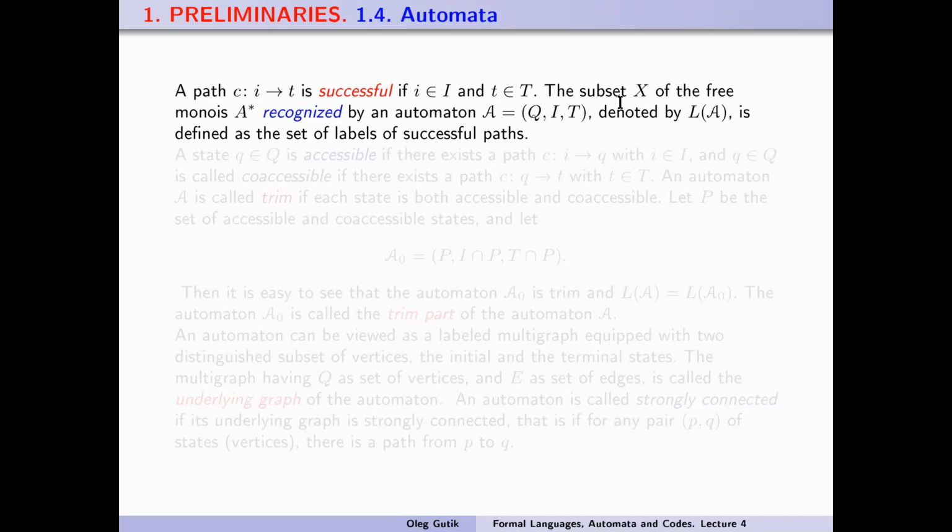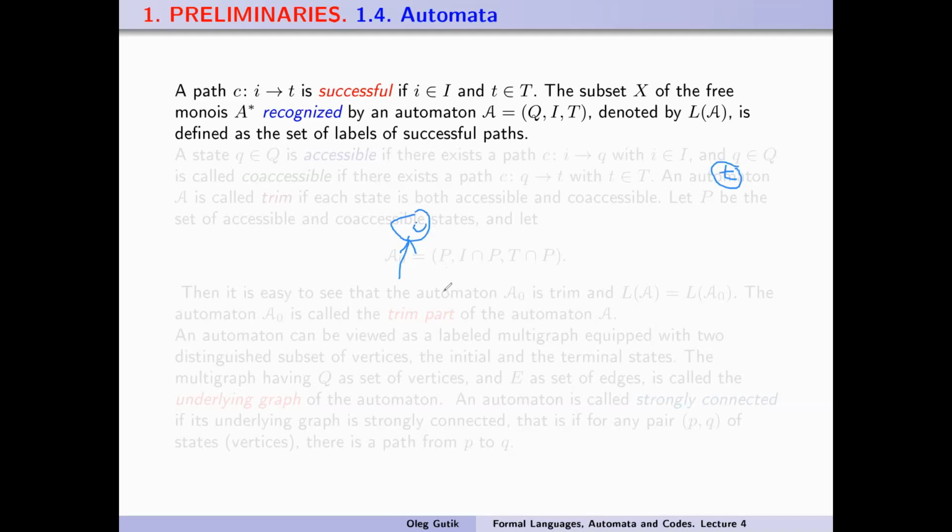The subset X of A star recognized by automaton A equals (Q, I, T) will be denoted by L(A), and is defined as the set of labels of successful paths. So, example. We have initial states here, which we denote by I, and we have final states, denoted by T.